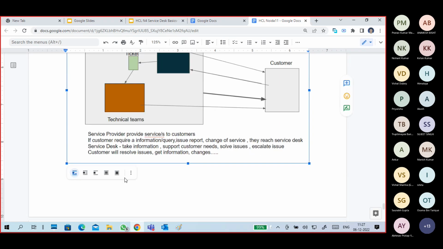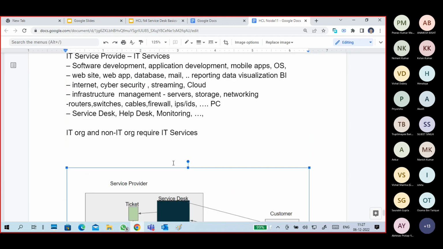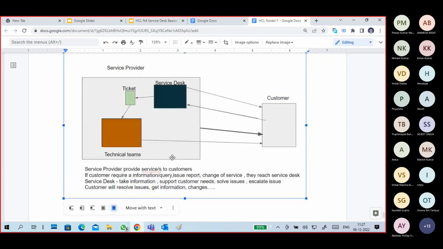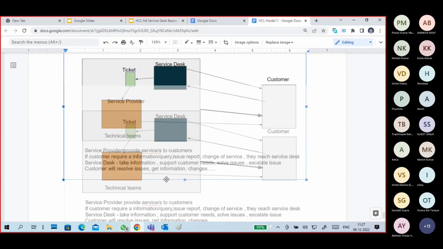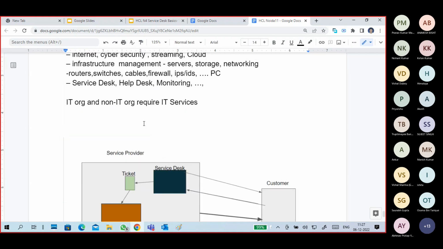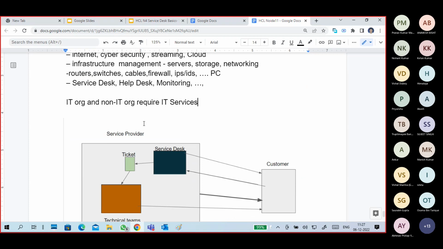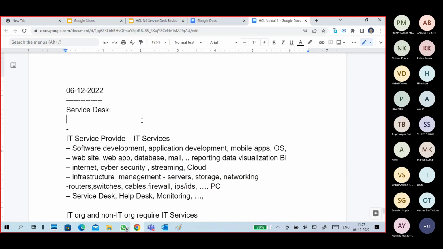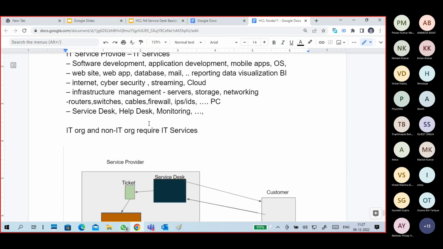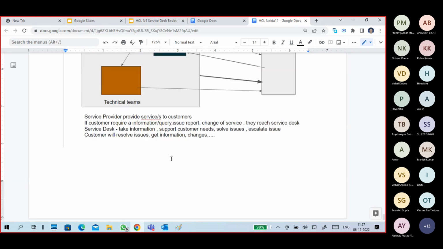So I hope you got the small points here. Till now I didn't give any definition about a service desk.